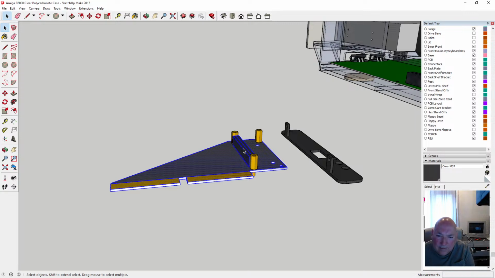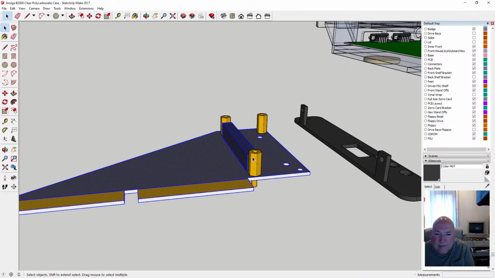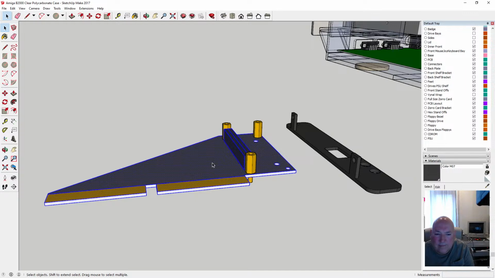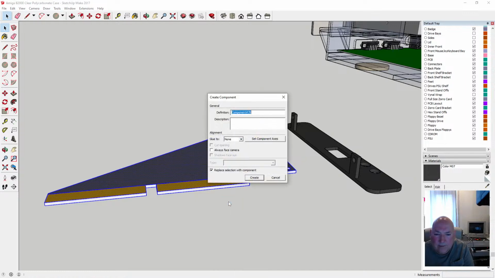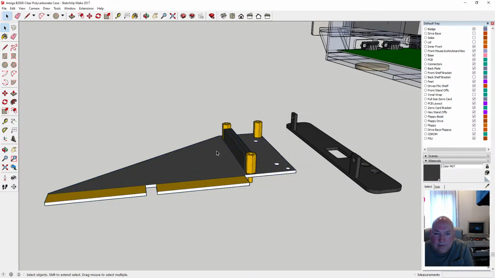Now, is that going to be part of it? Yeah, we'll make that a component. Then we'll make a component out of the whole thing.